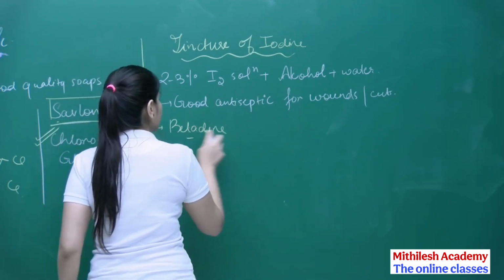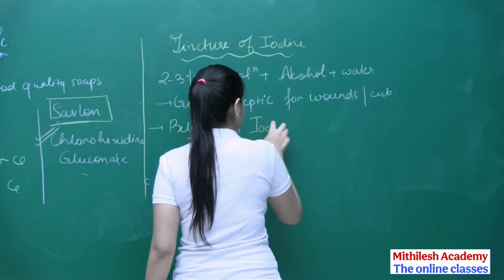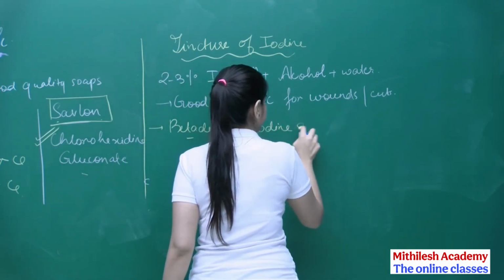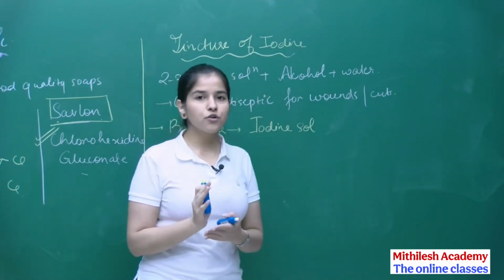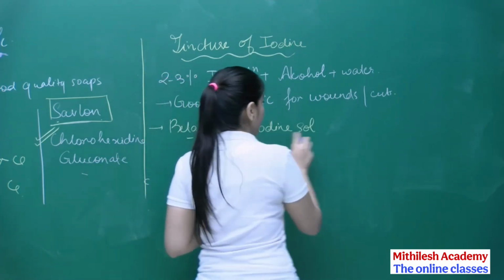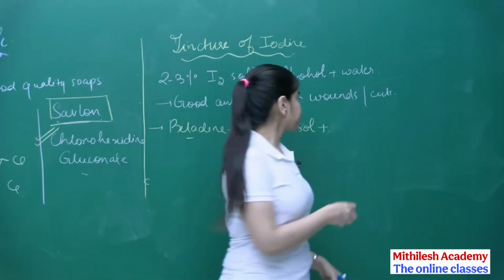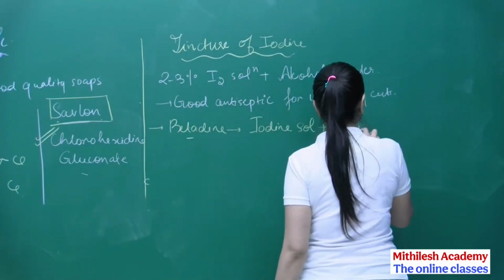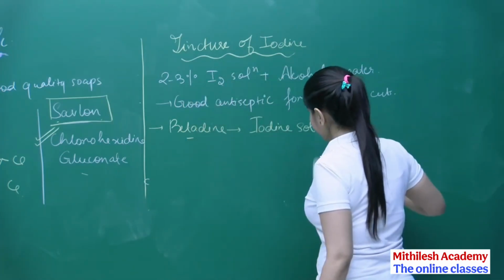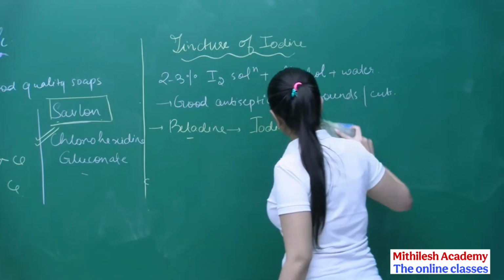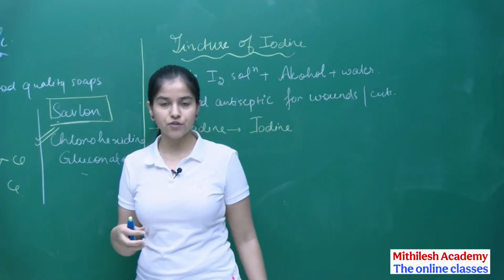So betadine is also containing iodine solution along with povidone solution. You need not go into the detail. So that is iodine solution with povidone solution. So that is also containing iodine, but betadine here in this case is a very concentrated solution.